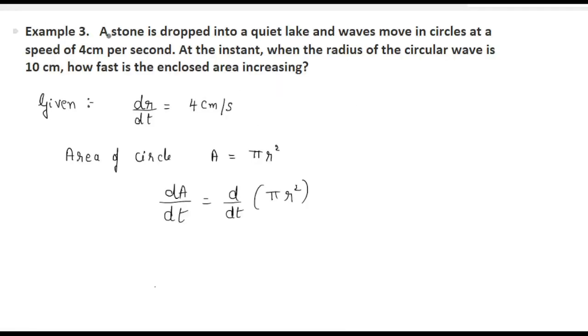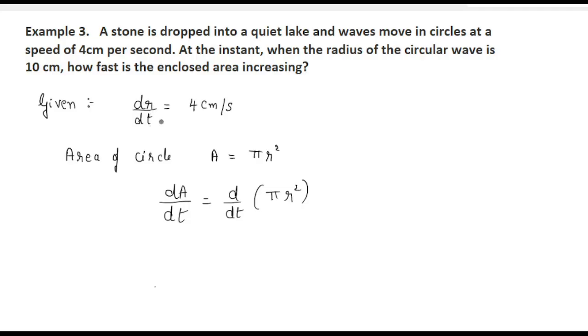Example number 3: A stone is dropped into a quiet lake and waves move in circles at a speed of 4 centimeter per second. At the instant when the radius of the circular wave is 10 centimeter, how fast is the enclosing area increasing? So when a stone is dropped into a lake, the waves are moving in circles. So the radius is increasing at the rate of 4 centimeter per second.